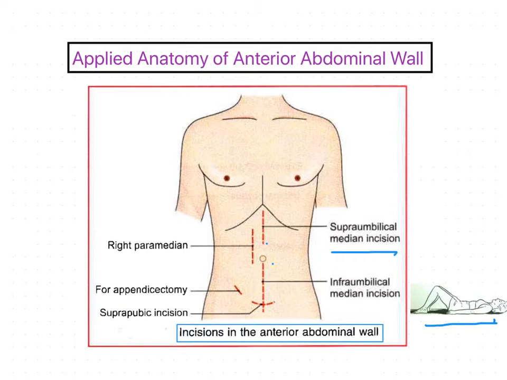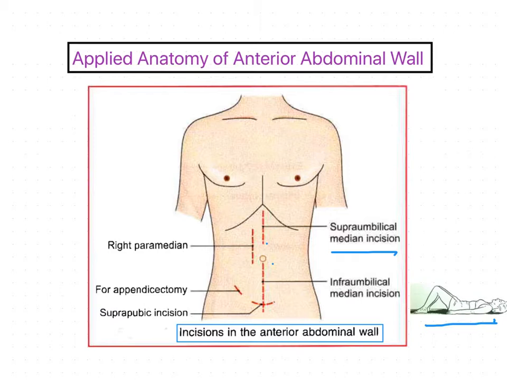Okay, next we will see the paramedian incision. This is by the side of the median line, that is the linea alba. Here the incision is on the right side, so it is a right paramedian incision through the rectus sheath, and it is very much more useful than the median incisions. In this incision the entire rectus muscle is retracted laterally to protect the nerve supplying it from any injury.